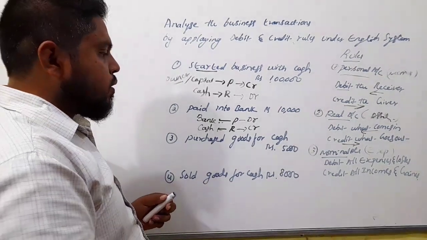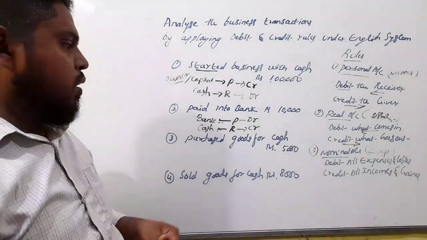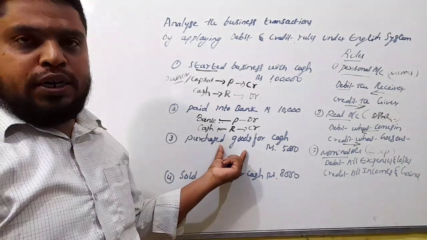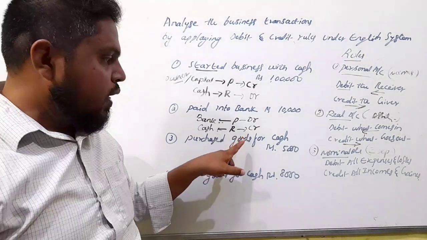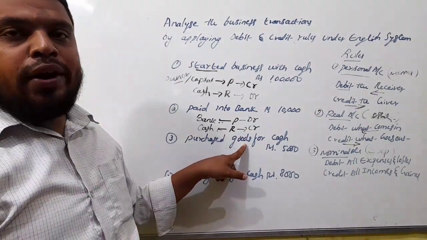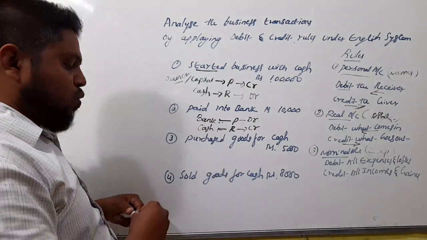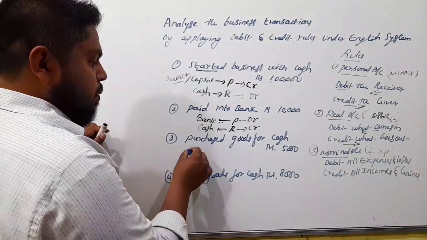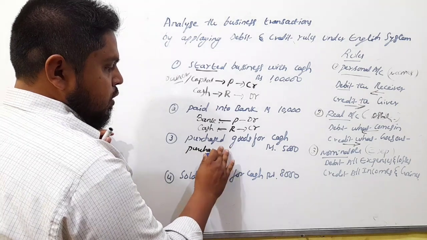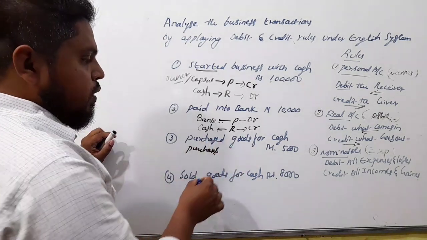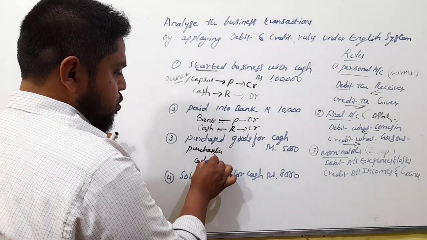Next, purchased goods for cash. Goods is a commodity purchased by the business for resale. It's not a fixed asset, it's a current asset. In this transaction, two accounts are involved: the purchases account, so we should not use goods here, and the cash account.